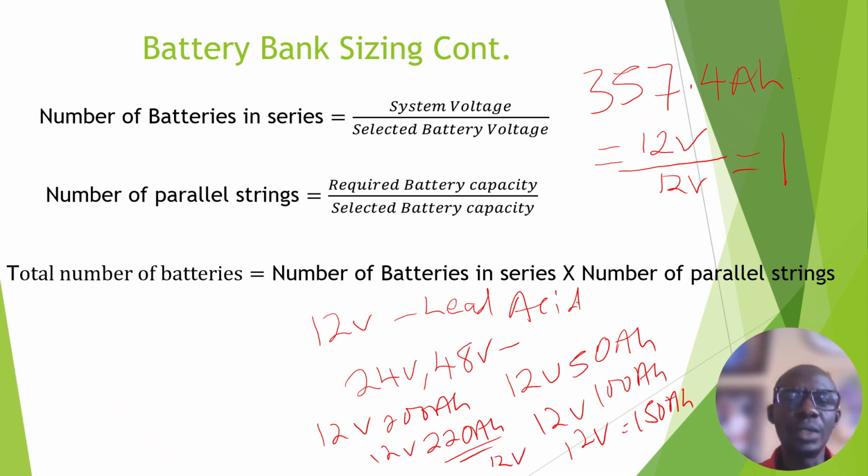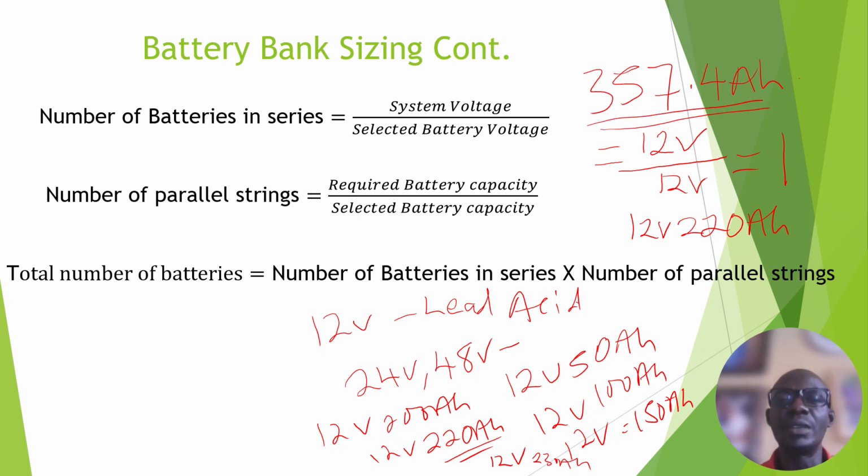We have some too that are 12 volts, maybe 230 Ah. But for this design, we are using 12 volts 220 Ah. And remember that the calculated capacity is 357.4, and we've gotten the number of batteries in series to be 1.